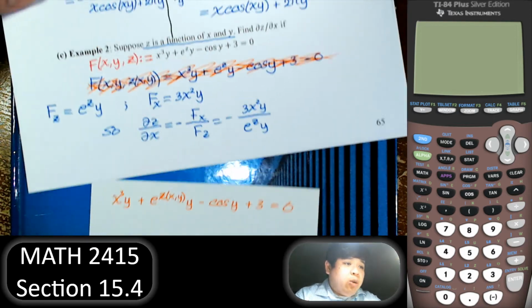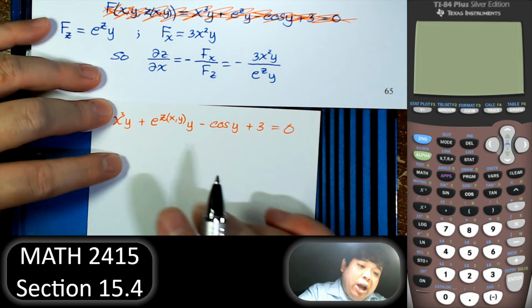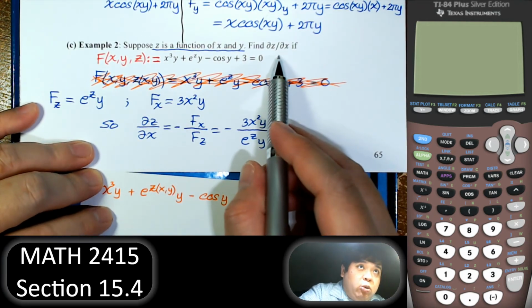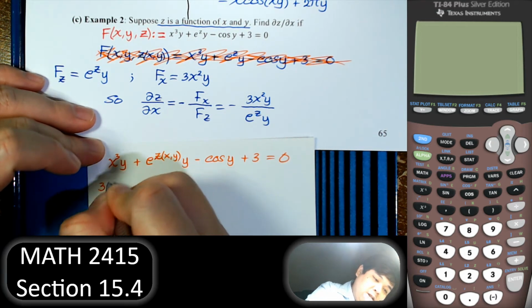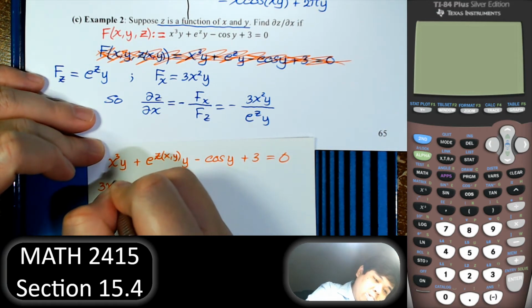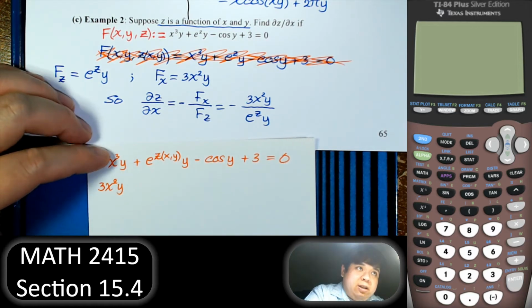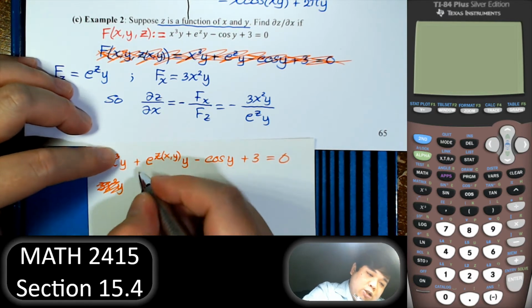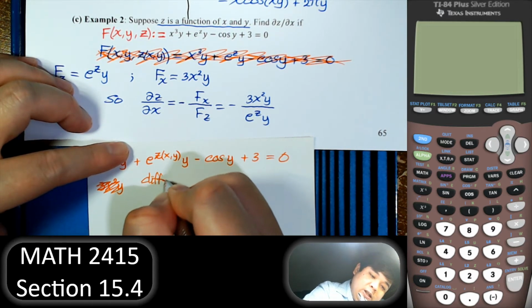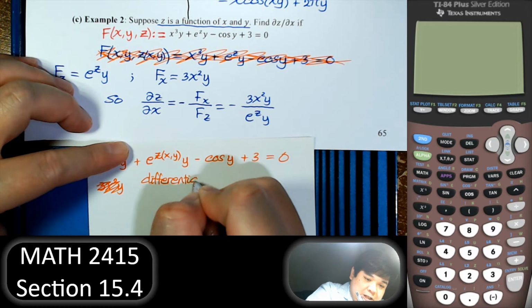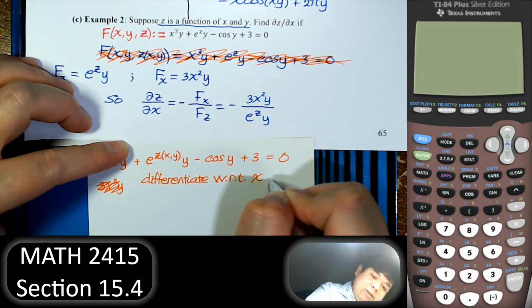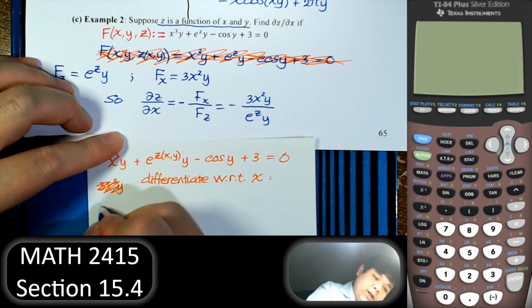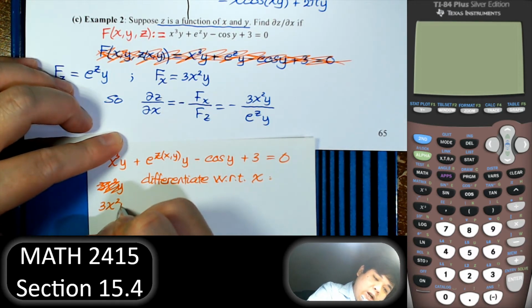Now I'll take the derivative of everything with respect to x, because that's what we want. Differentiating with respect to x gives us 3x squared y.